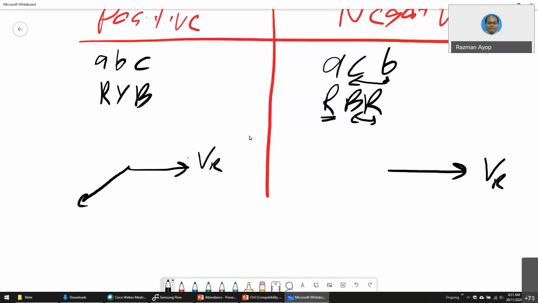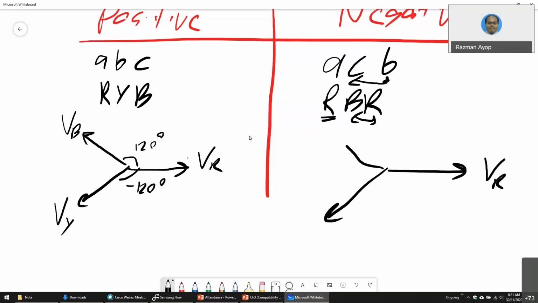This one is VY, negative 120 degree. And this one is VB, 120 degree positive. But for this case, you just flip the tail, VB.